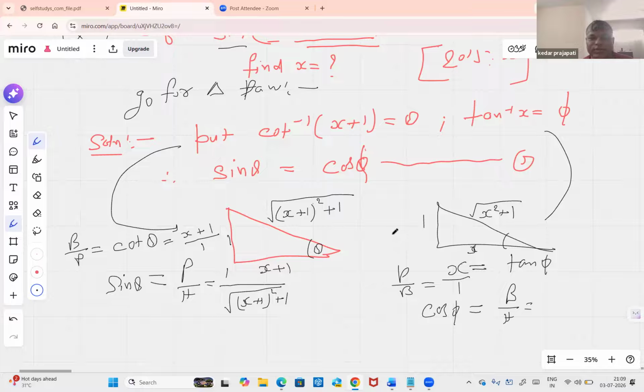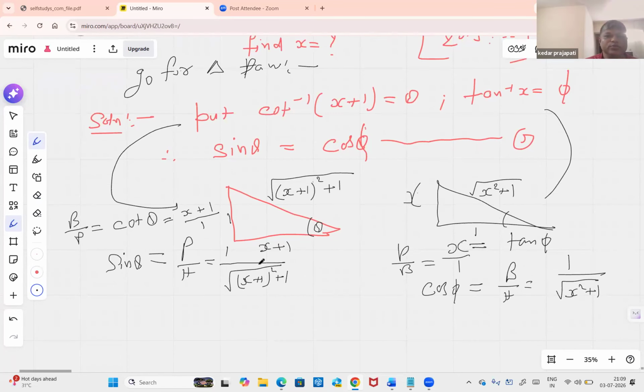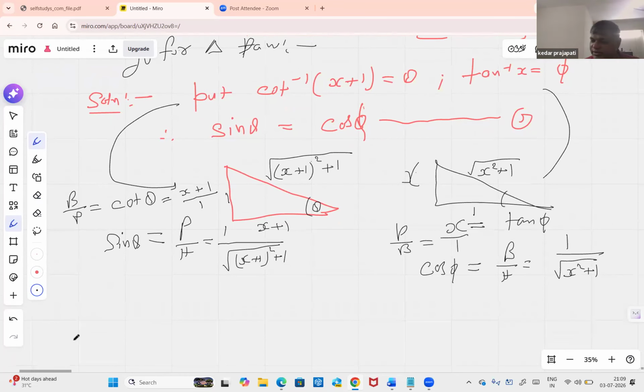I made a mistake, perpendicular is x, and this is 1. Base is 1. So cos phi will be base by hypotenuse, means 1 by root over x square plus 1.